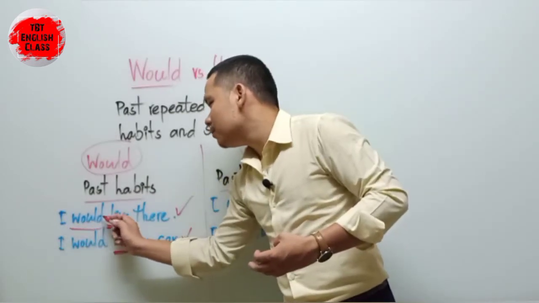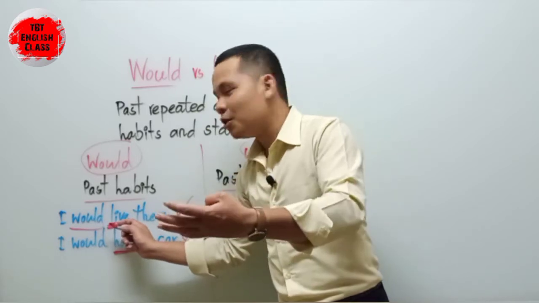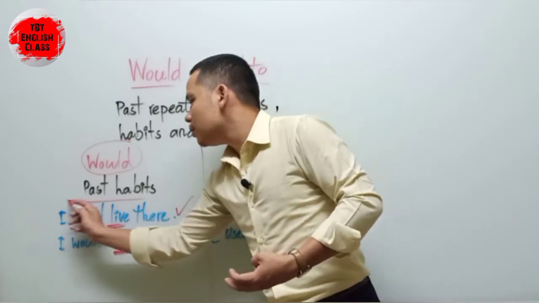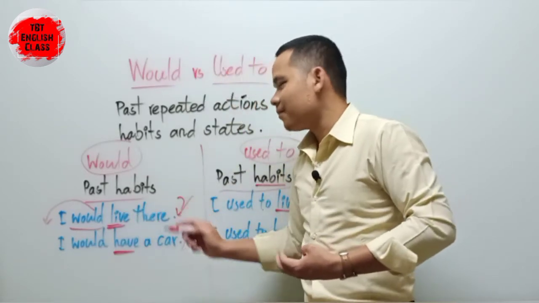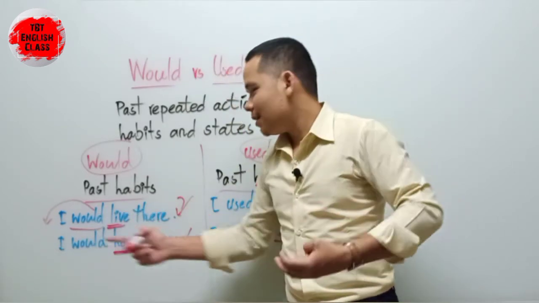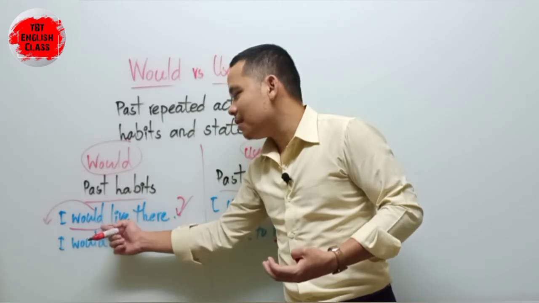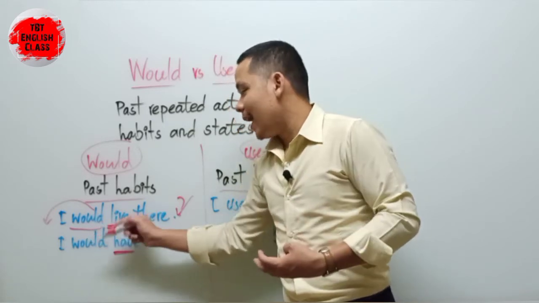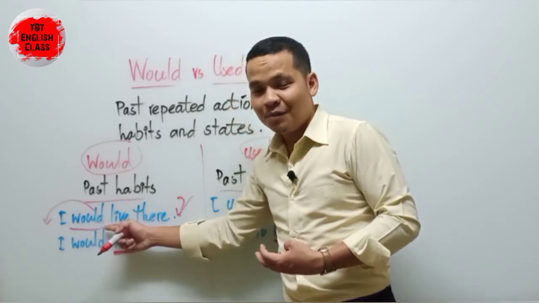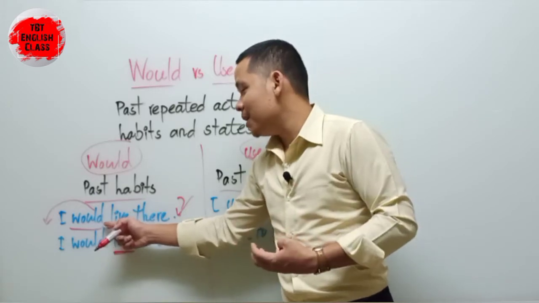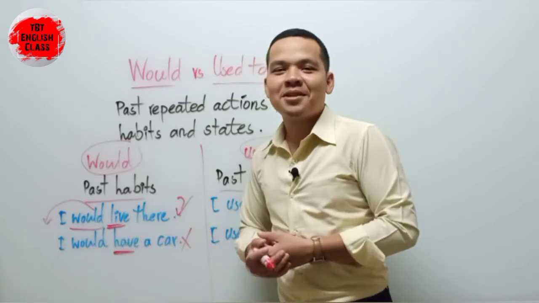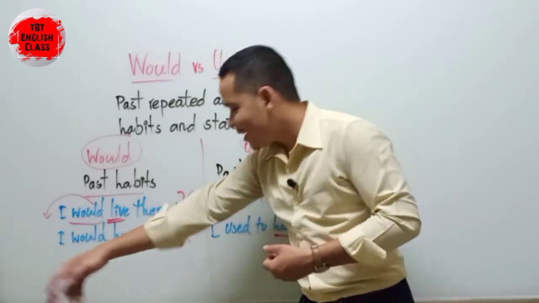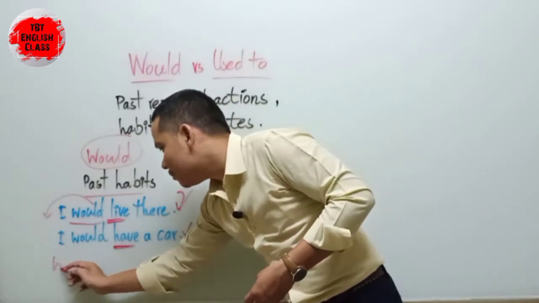For the question form, we move would to a place before the subject and then the sentence becomes a question. And when we want to change this statement to negative, we just add not in the middle of would and the main verb. The statement becomes negative.